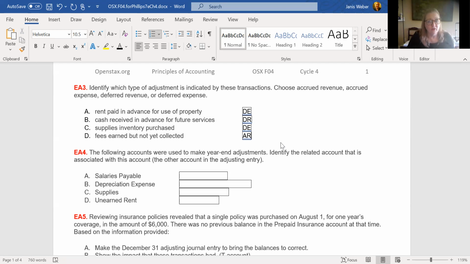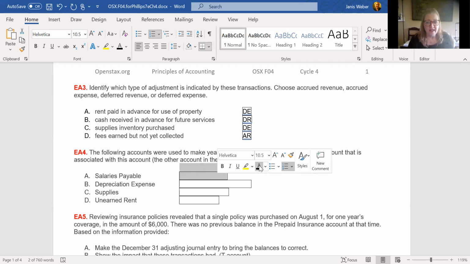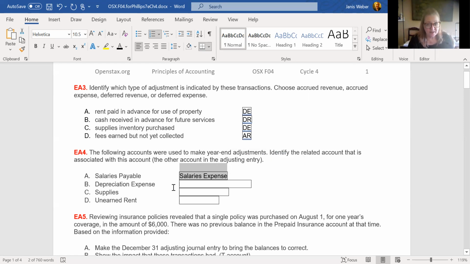It's the toggle account: if it's not salaries payable, then it must be salaries expense, right? And if it's not depreciation expense, the other side of that entry is going to be accumulated depreciation, right?